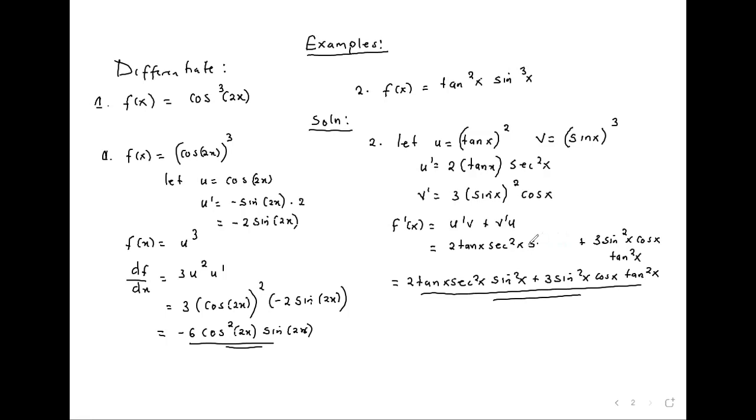This is sine 3x, because this whole thing here is u prime, multiplied by v, v originally in the question. Oh, okay, it's okay.